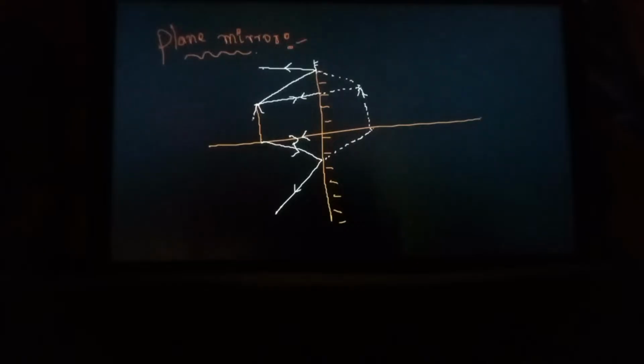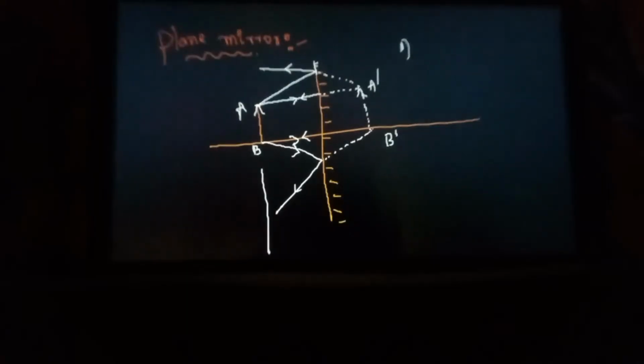So here the height of the object is AB, and the height of the image is A dash B dash. The object is real. The first point you can observe in this case: this is the object, this is the mirror, and this is the image.